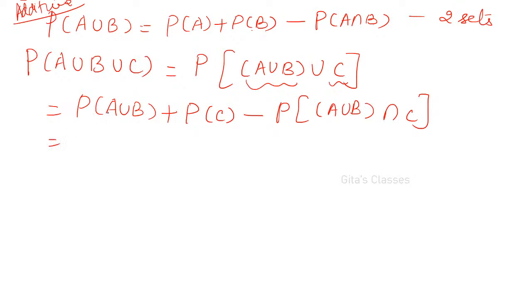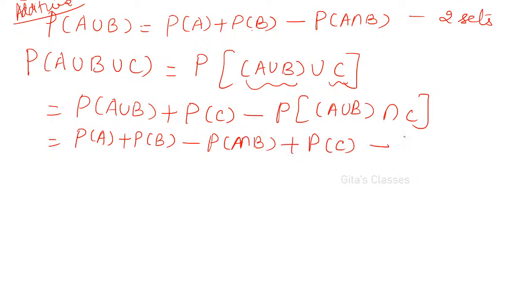Now again apply the theorem for A union B: P of A plus P of B minus P of A intersection B plus P of C minus. Now which law will you apply? This is the distributive law you have to apply. What is that distributive law?